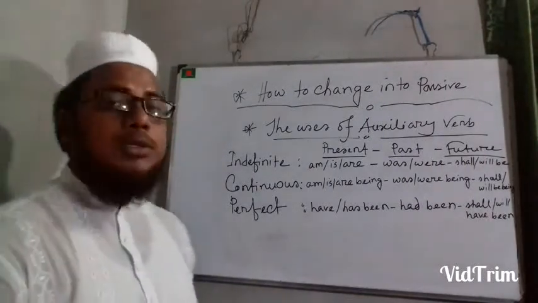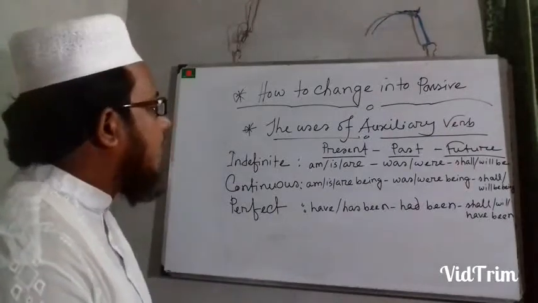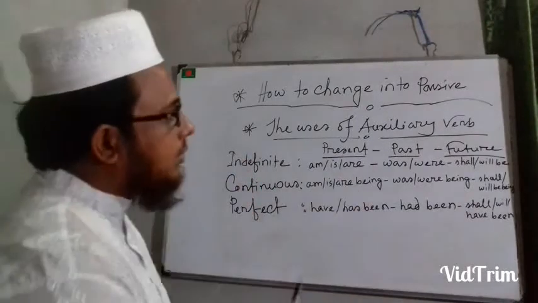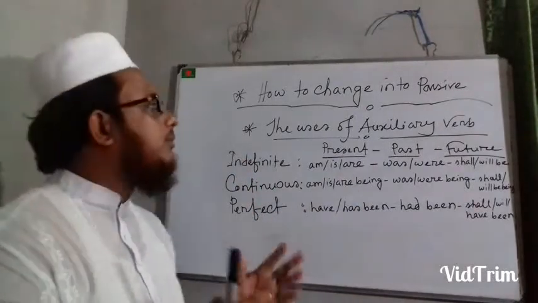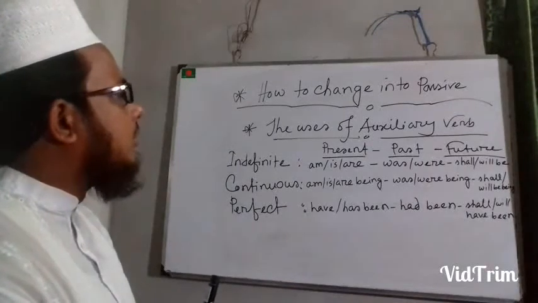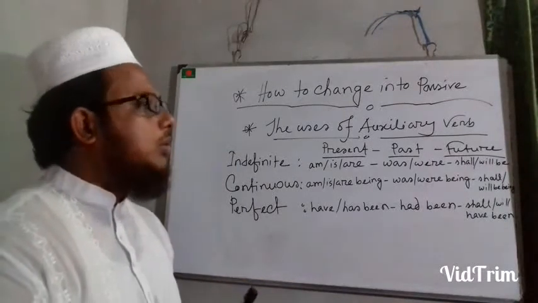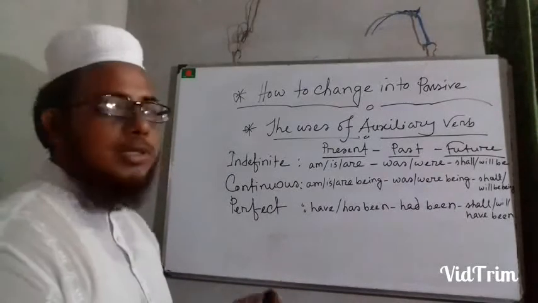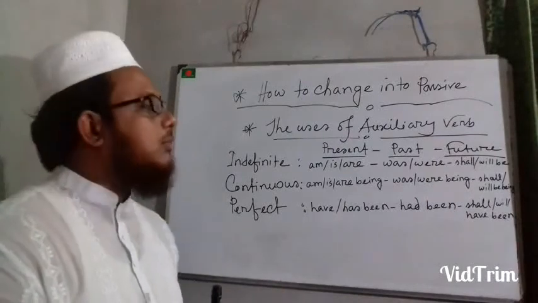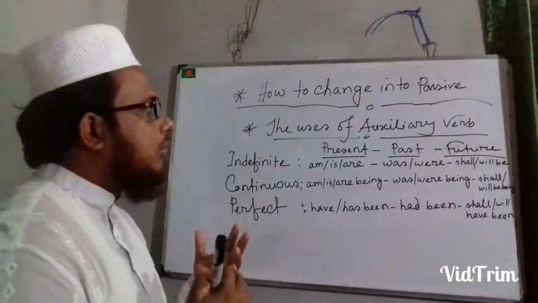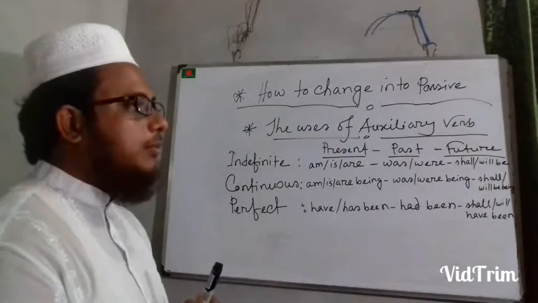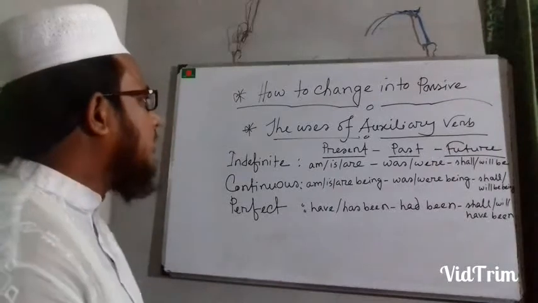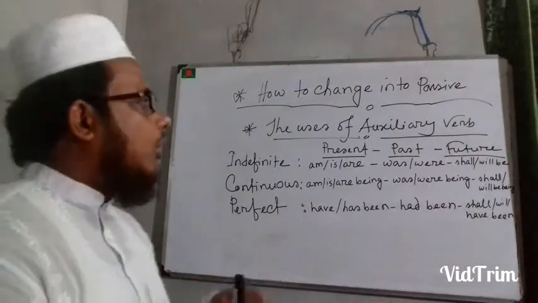look at the whiteboard. I have already written on the board the uses of auxiliary verb. When we change into passive voice, at first we have to use the object of active voice as the subject of passive voice, and then you have to use the auxiliary verb.